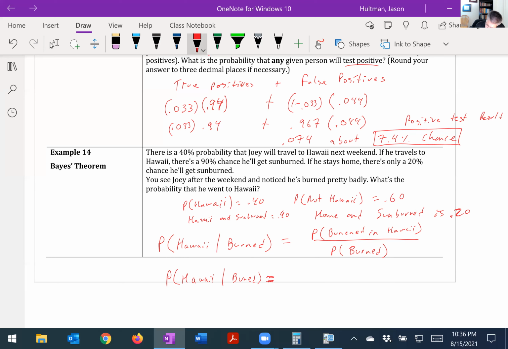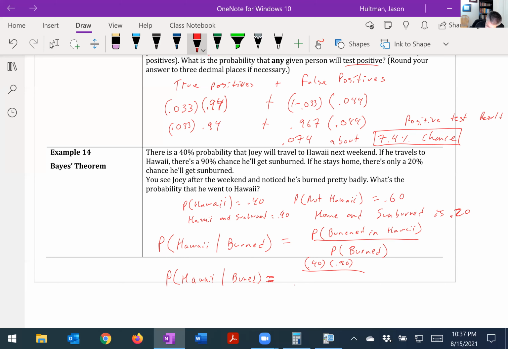So how can I find the probability of him being burned in Hawaii? That's 40% of the 90%, so 0.40 of 0.90, all over the total probability that he was burned.